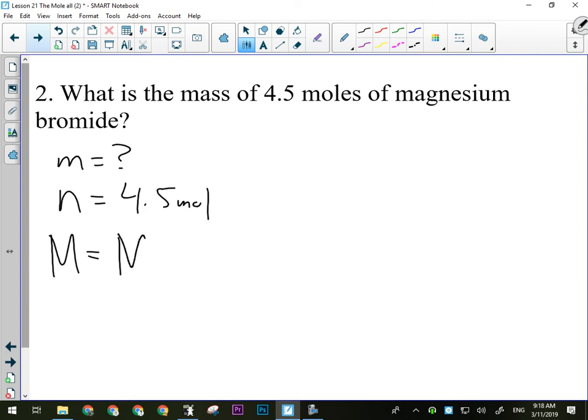So magnesium bromide, Mg is 2 plus. Bromine is 1 minus, so this is MgBr2. You'd be surprised how many people will forget to drop and swap that on a unit exam. And as a result, will not get many marks here because they won't have the right molar mass to start with. Okay, so that's going to mean 24.31 and 79.9, right?